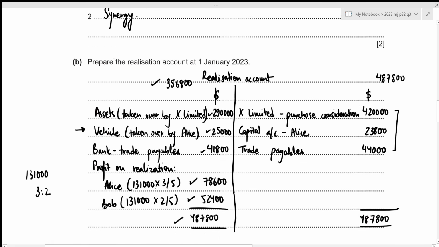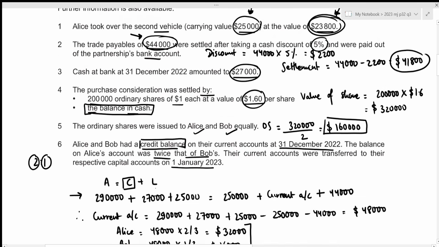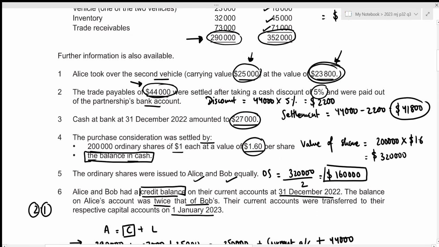But remember that the value that we figured out before also included the premium, because the nominal rate was 1 and they're also giving a premium of 0.60. So let's figure out the ordinary shares. That is just going to be 200,000 times the nominal rate of 1, which results in 200,000. And for share premium, that will be the number of shares, 200,000, multiplied by the premium rate, which is 0.60, which results in 120,000.